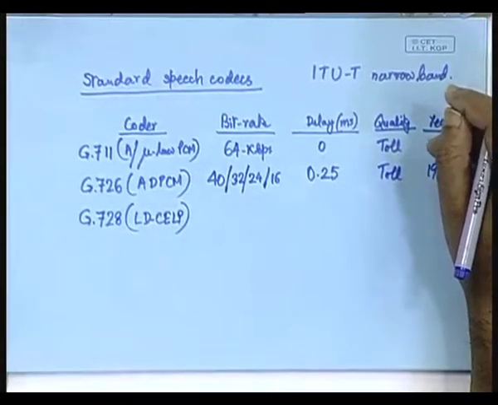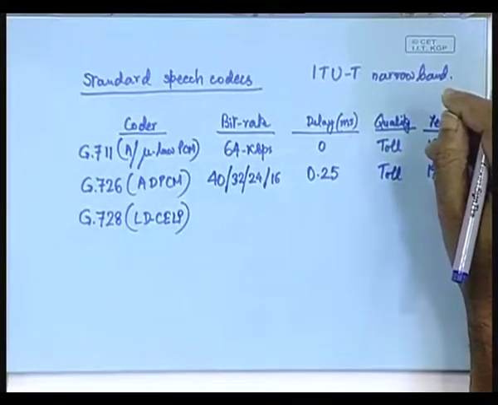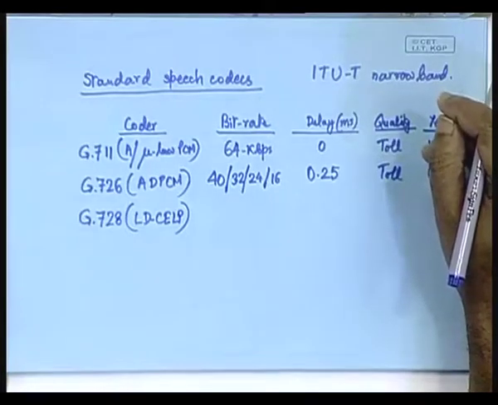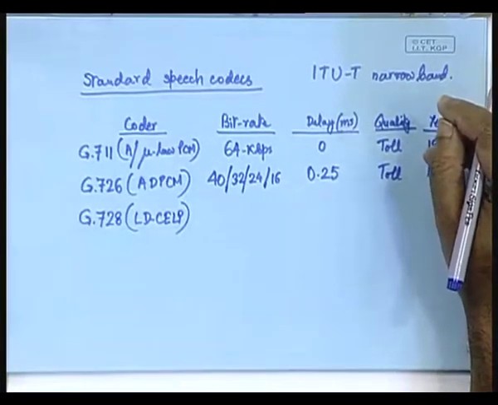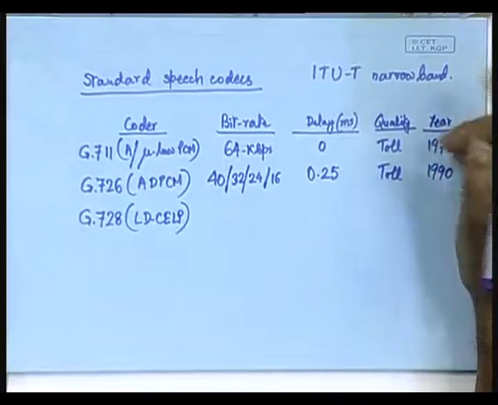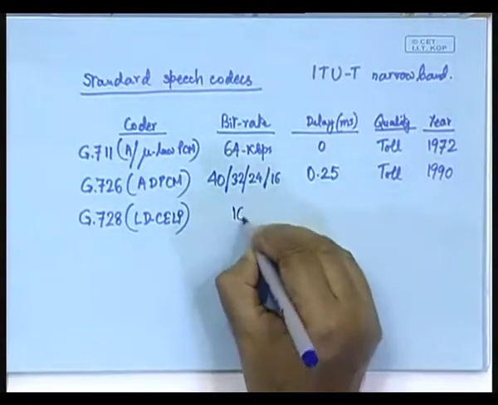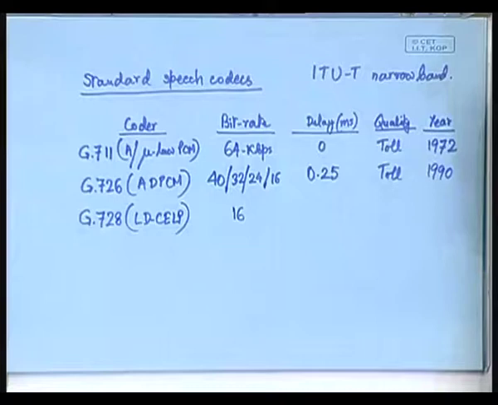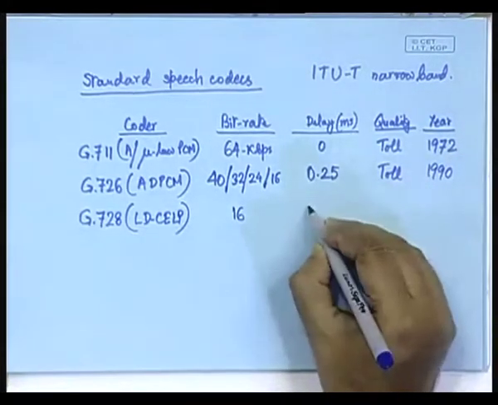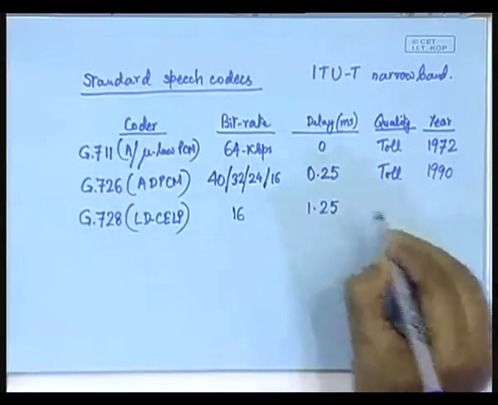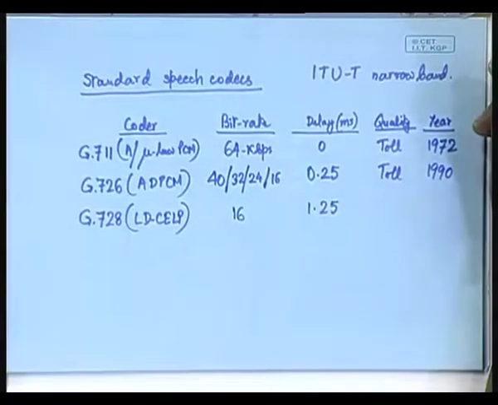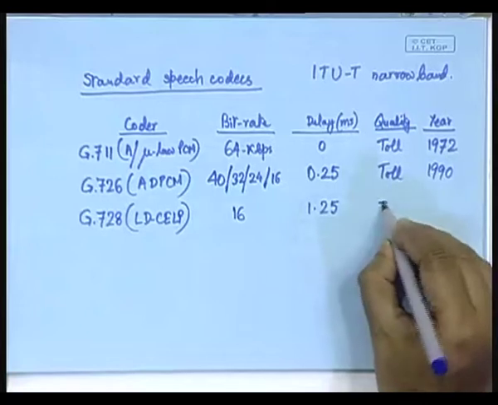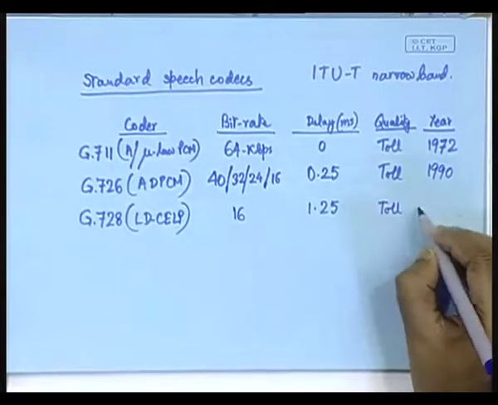We will talk about CELP and linear prediction in general in later lectures, and this caters for a bit rate of 16 kilobits per second, and the delay encountered in this process is somewhat more, 1.25 milliseconds for toll quality speech.